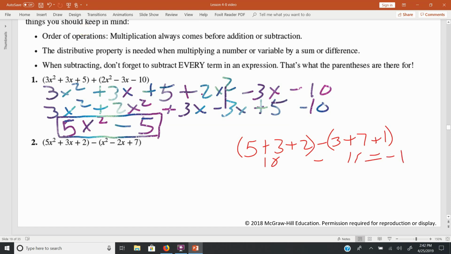So I actually get negative 1. Okay. If I do that without the parentheses, I do my 5 plus 3 plus 2, I get my 10, and then I do minus 3.